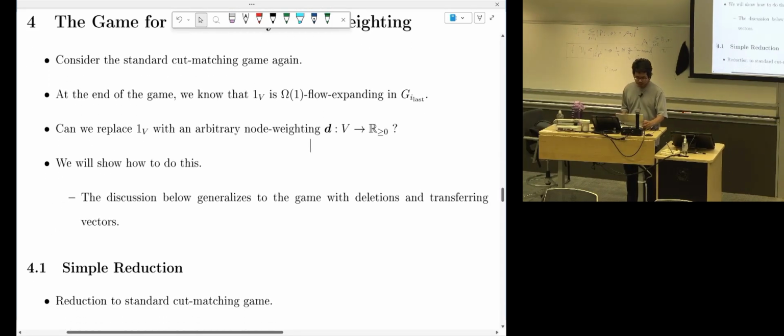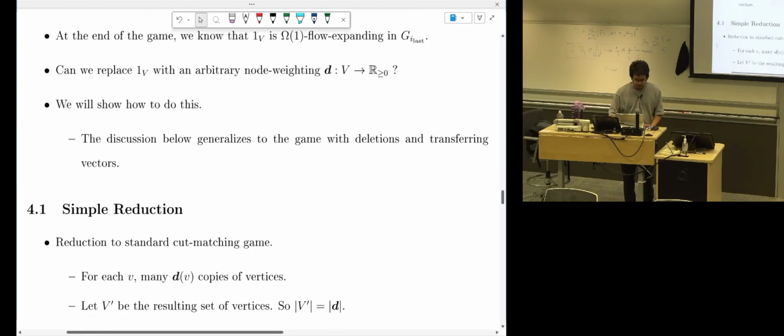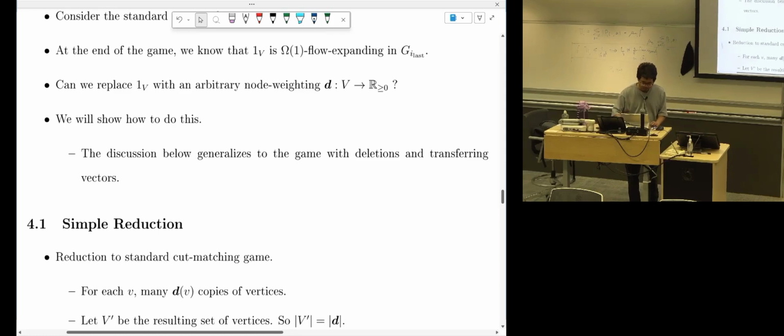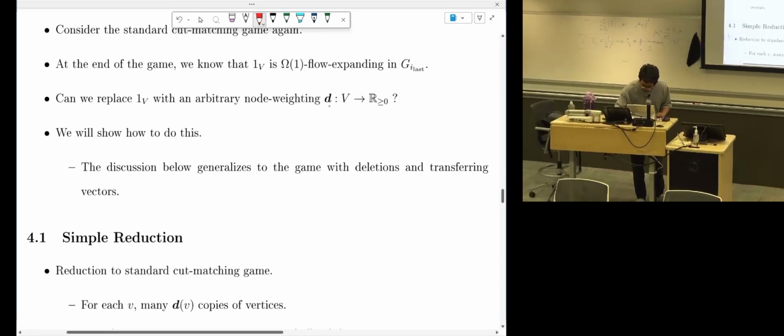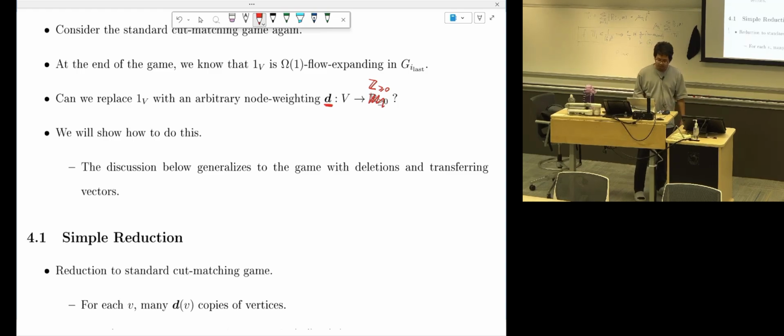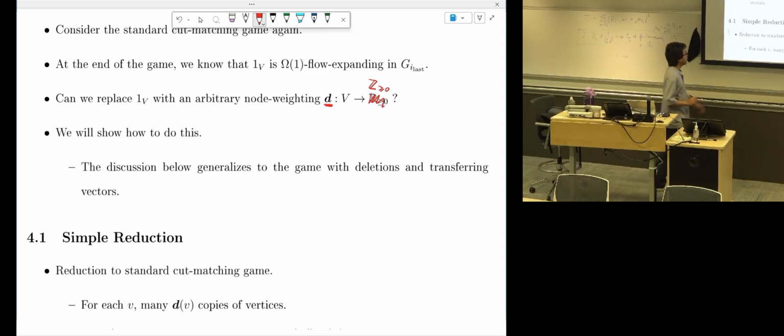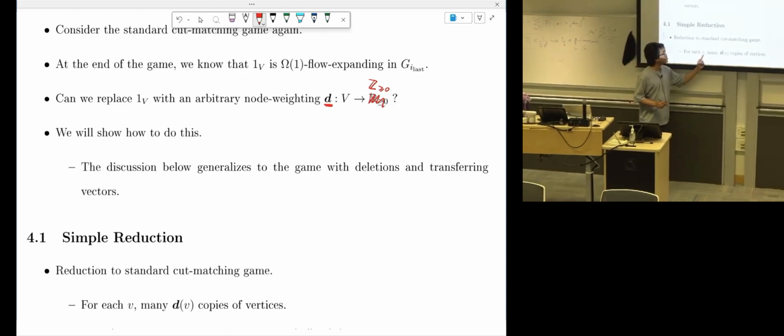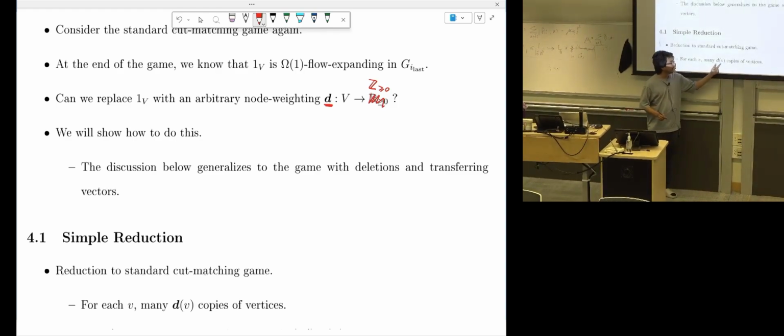So the first thing is the simple reduction to the standard cut matching game, where let's say that D is actually not real but integral. It's integer. Then imagine that for every node v, just make D(v) many copies of vertices.